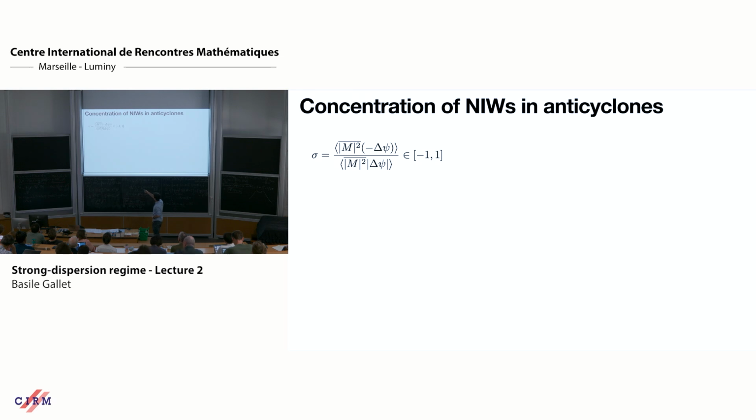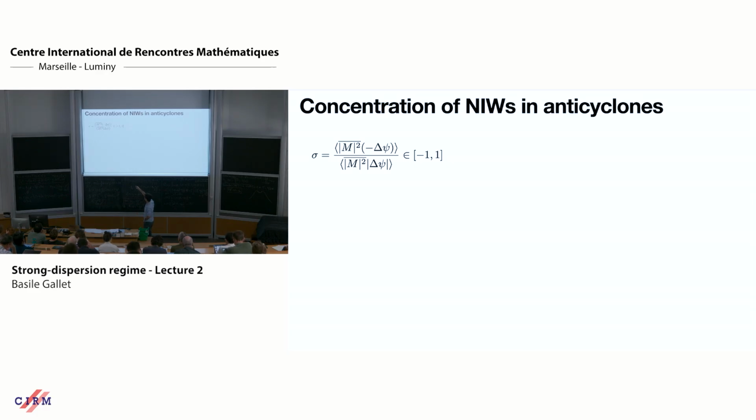I'm going to introduce this metric sigma here, which measures to what extent the near-inertial wave kinetic energy is concentrated in anticyclones. To do this, I'm multiplying m squared by minus the vorticity and time averaging. So this will be positive if the energy is predominantly in anticyclonic regions, and negative if it's predominantly in cyclonic regions.